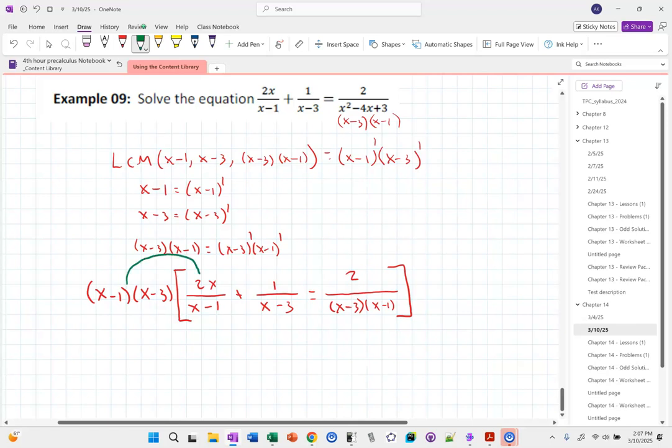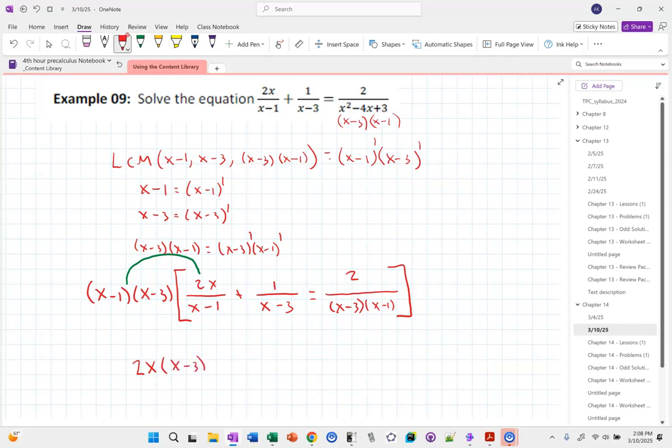So if I multiply x minus 1 times x minus 3 to the first fraction, what is going to reduce? The x minus 1s, right? Everybody see that? What's going to be left over after the x minus 1s reduce? Well, we have the 2x and we have the x minus 3. Can everybody see that?